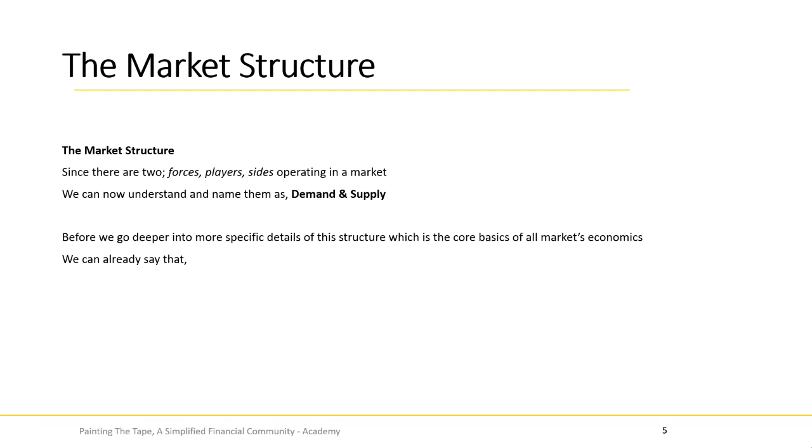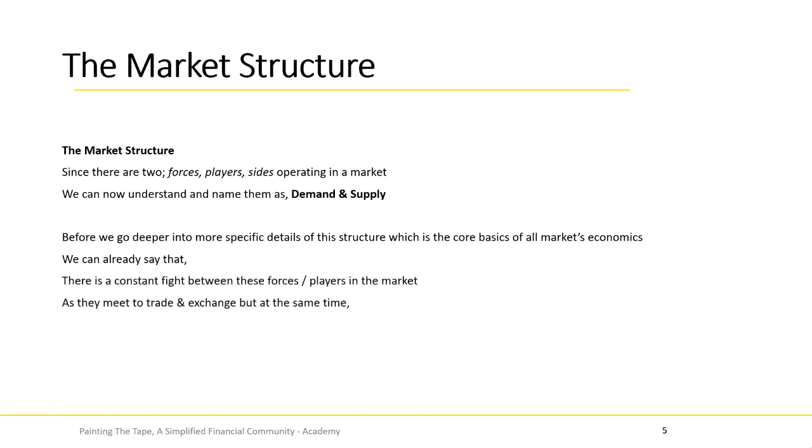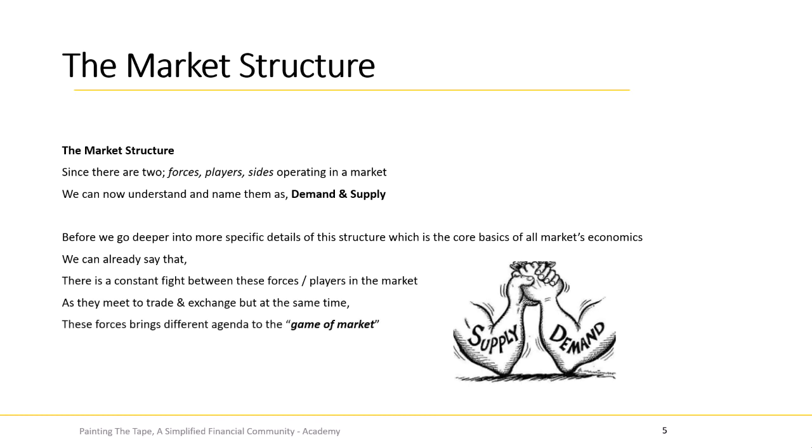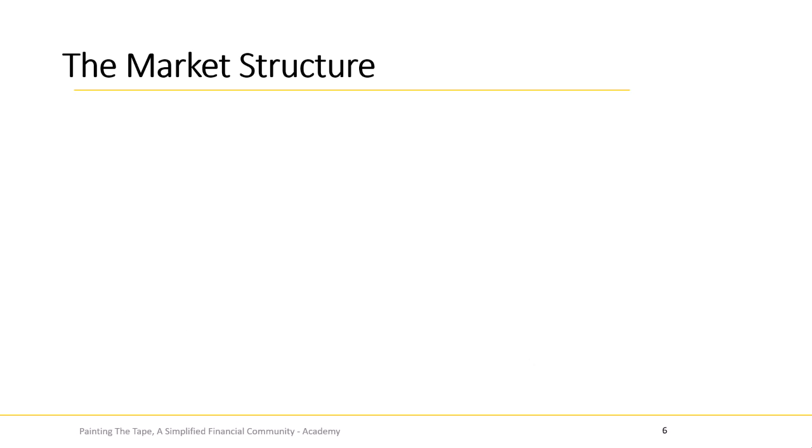The demand are the clients and the people who are looking to buy, and the suppliers are the people who are producing, providing services, and so on. The game of the market is the constant fight between demand and supply: the demand is looking to take prices down in order to pay less for the same unit, and the suppliers are trying to increase the price to make more profit. This is the constant fight going on in the market.